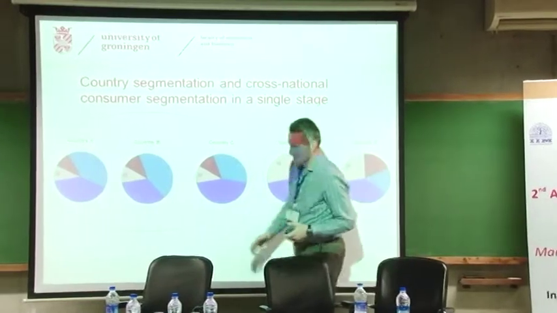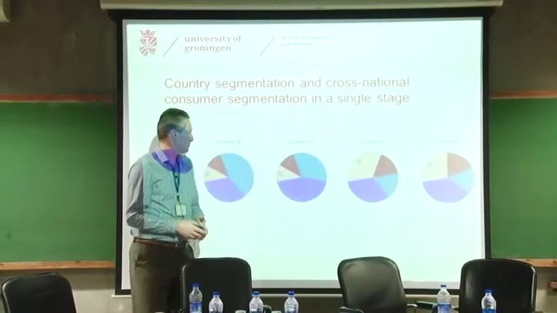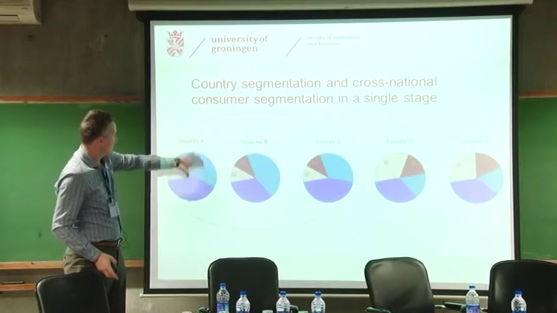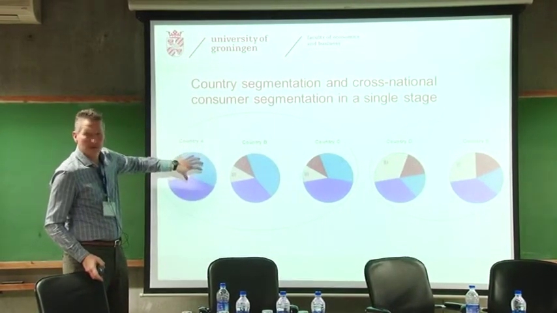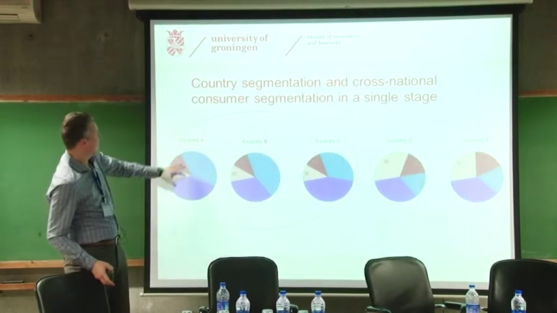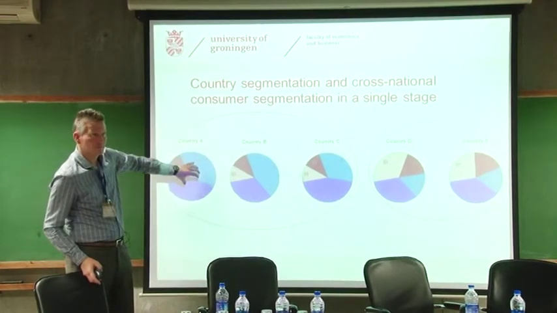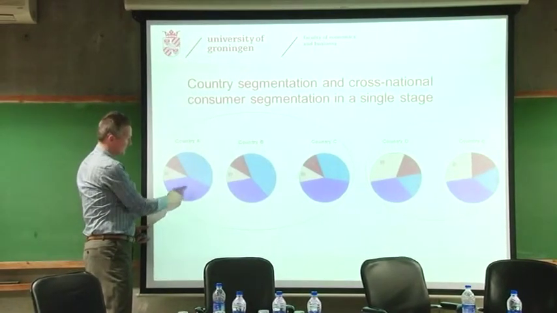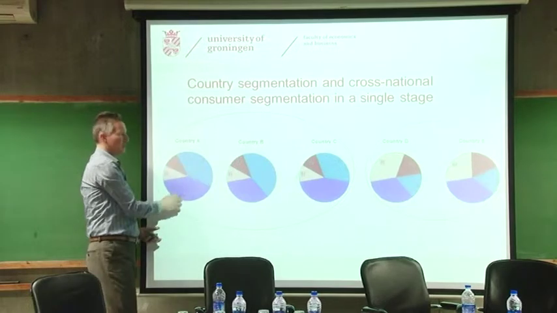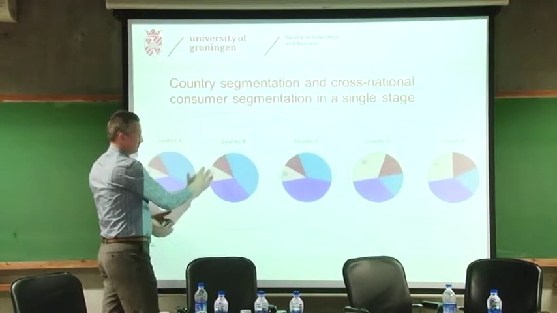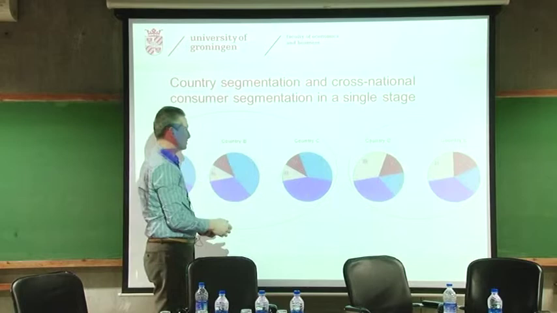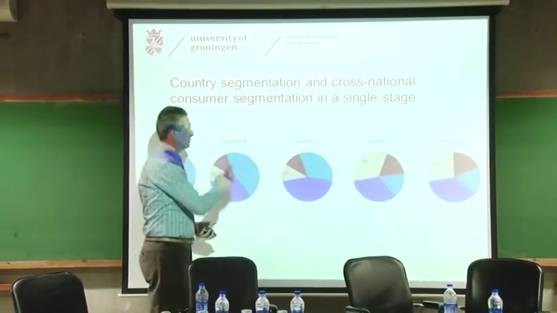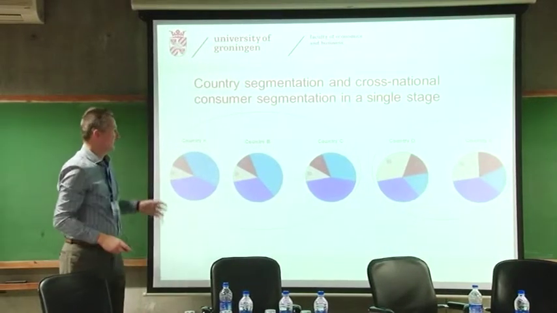So in traditional clustering or latent class modeling, you will look at one country. This is your sample from one country, and in this case there are 4 different types of people. This pie says India, and there's a lot of type 1 persons and quite a few type 2 persons, etc. Another country has another distribution of the 4 segments, etc. And in total we have up to 85 different countries. Now this model that we use does 2 things.